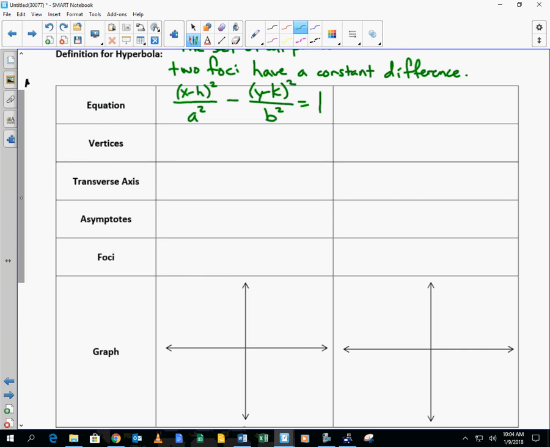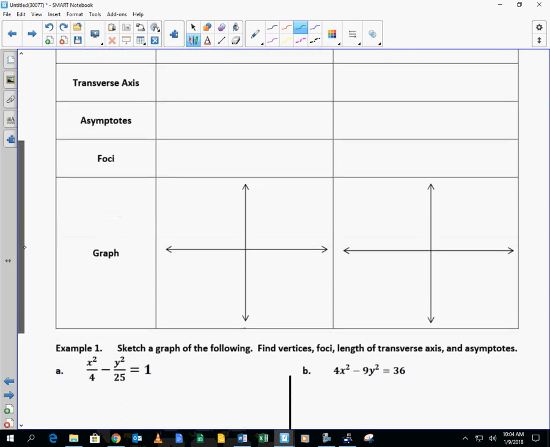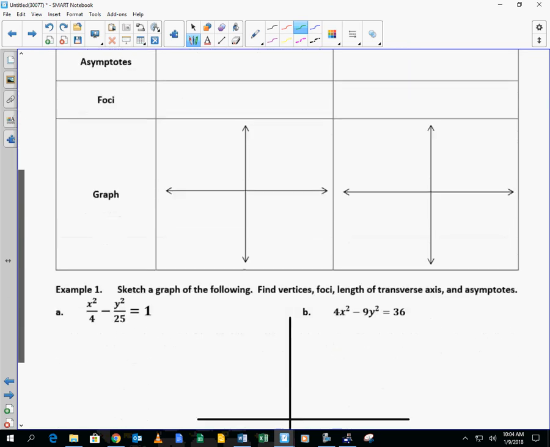Okay, so what we're going to talk about right now is the structure of the hyperbola and how to make its general shape. The center, in this case I put it at 0, 0, but the center is going to be at (h, k). And then in order to construct the hyperbola, we start by constructing what I call a ghost box.